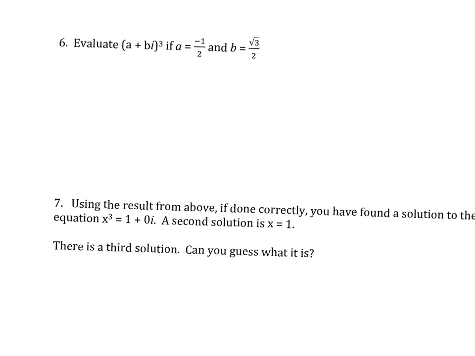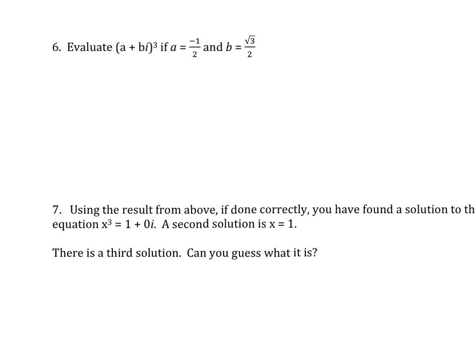Now, (a plus bi) to the third if a equals negative 1/2 and b equals root 3 over 2. Okay, so let's carry this out. We're going to get negative 1/2 plus the square root of 3 over 2 i, and first we're going to square that. That's going to give us negative 1/2 times negative 1/2 is positive 1/4.